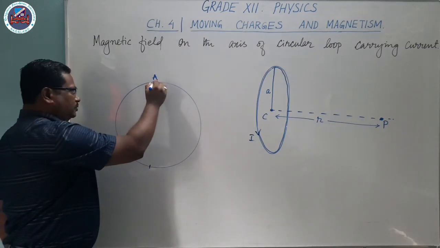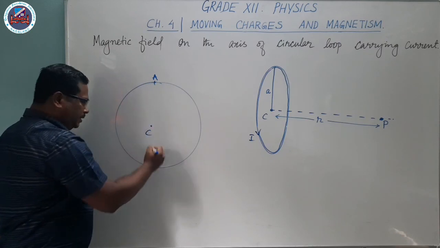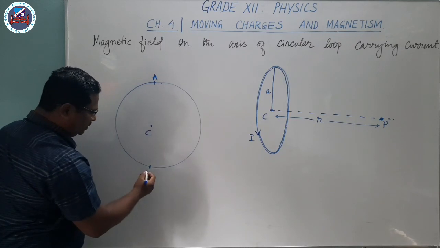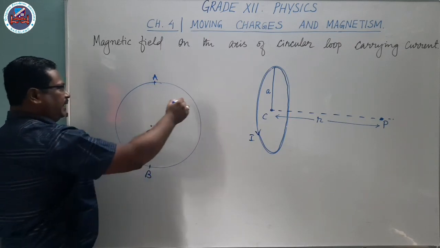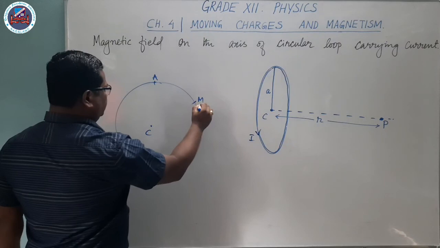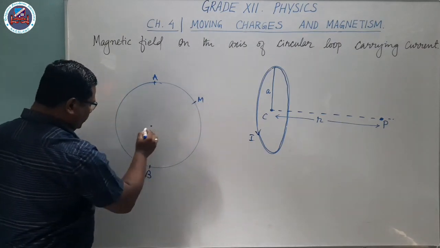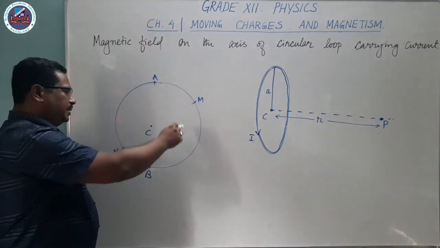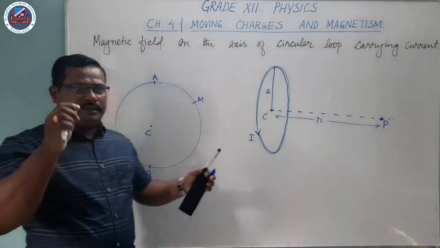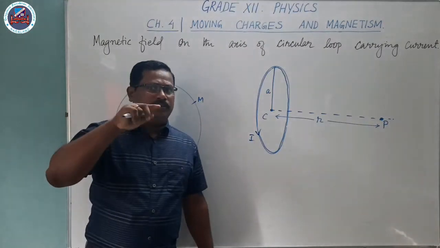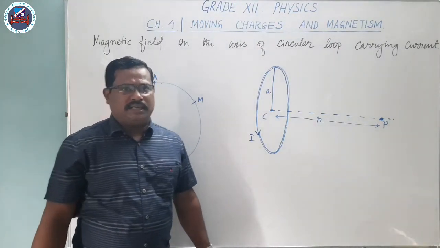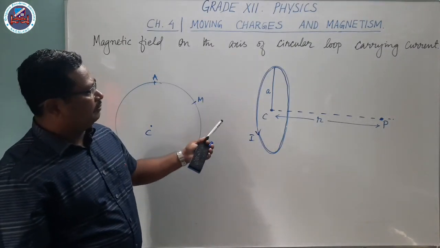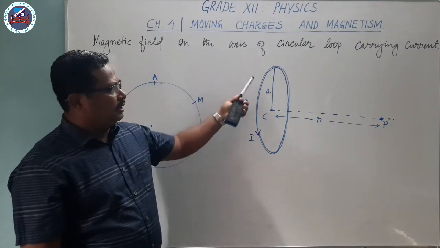Suppose a point A I have chosen here, there is another point exactly opposite on the other side of the circle, B. If I take any point, suppose M, then just opposite to that you have N. So like that, all the points present in the circle have pairs of points exactly opposite to each other. That advantage we take here while finding out the magnetic field around the circular loop.